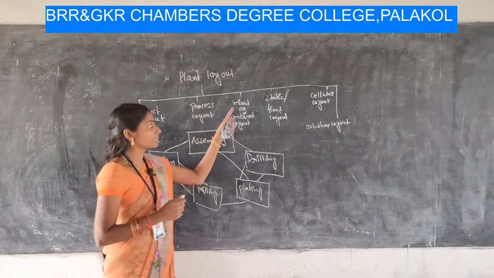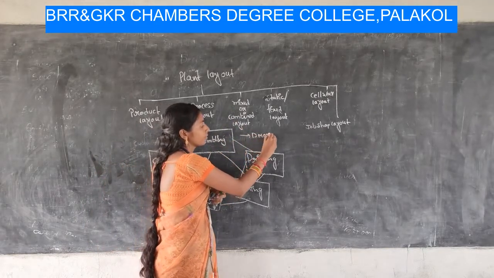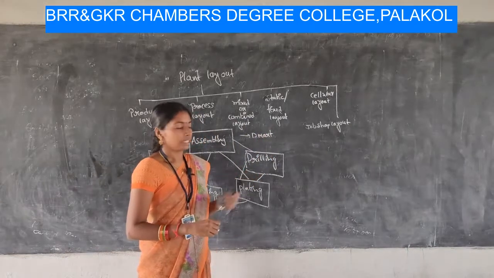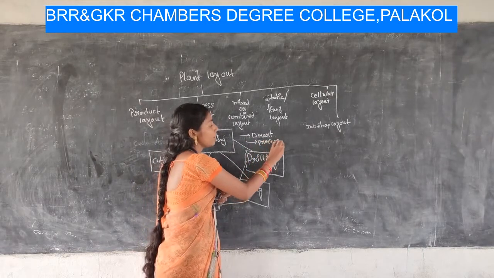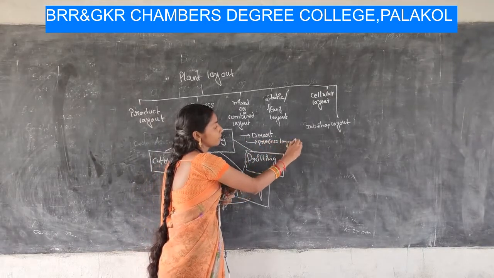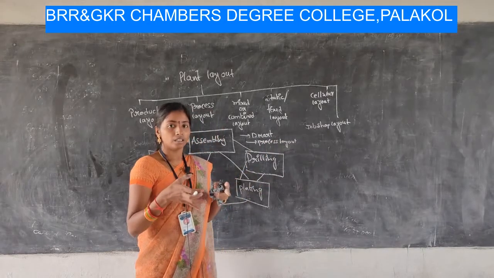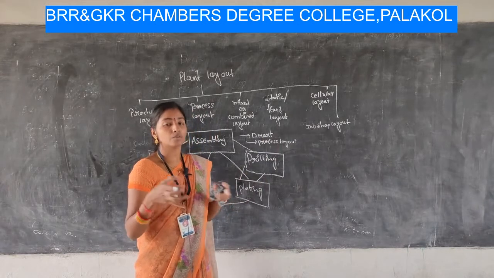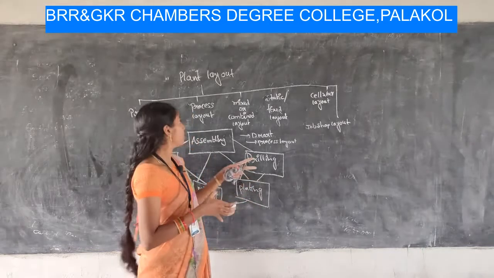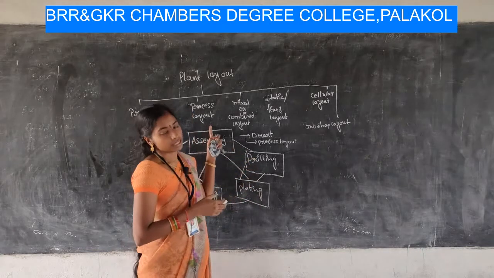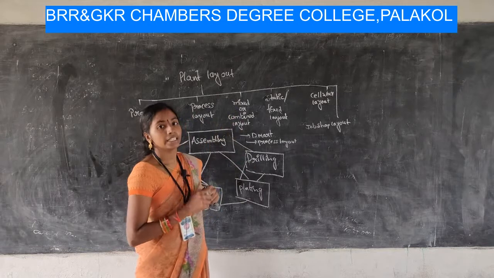The example for mixed and combined layout is DMART. Of course, DMART looks like a process layout, but we are using some material paths and rollers to carry the materials from the storeroom to different places. So, it is both a combination of product and process layouts. That is why we call it a mixed or combined layout.